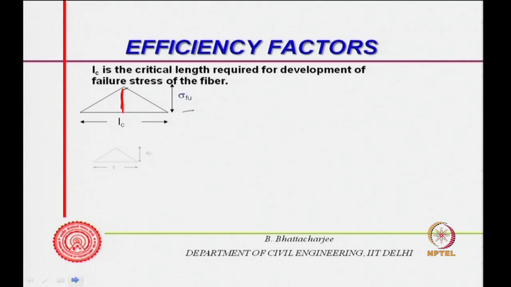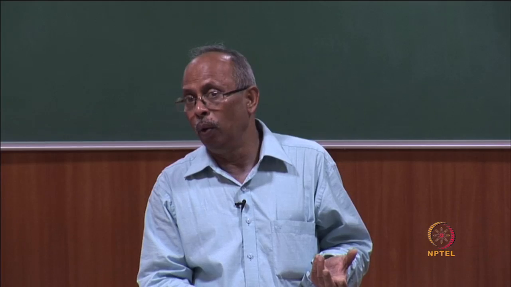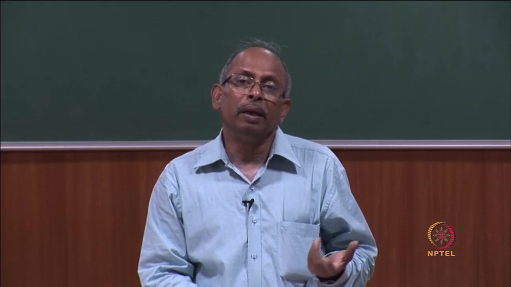And a situation could be there where my fiber length is less than LC. So, L is less than LC, in that case full stress will not develop, it will develop some lesser amount of stress, less than sigma fu. If L is greater than LC, sigma fu will develop, but after that the fiber cannot carry any more load or stress, it would have failed.